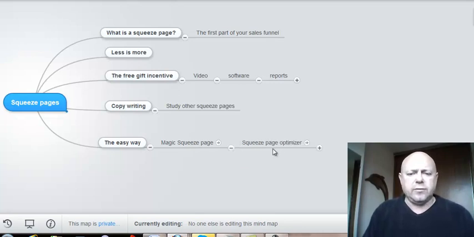I haven't purchased Squeeze Page Optimizer, but I know the person who sells this, and I think it's a really good way of putting HTML squeeze pages together, and very simple and easy. I went for the other one because I just love that plugin. You just add it straight into your WordPress theme, and you can generate squeeze pages straight off, and that's really, really easy to use.